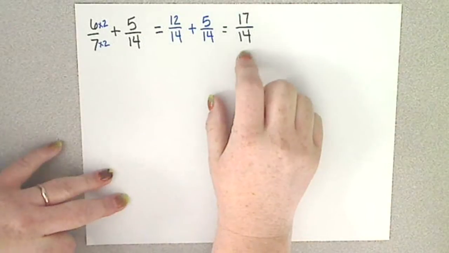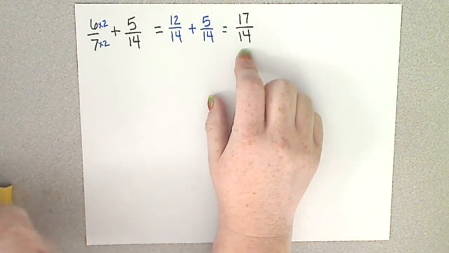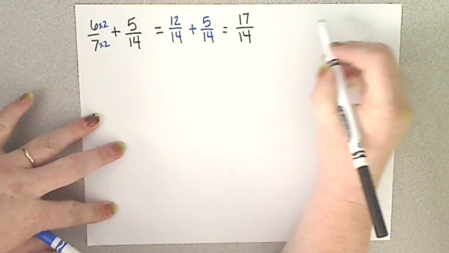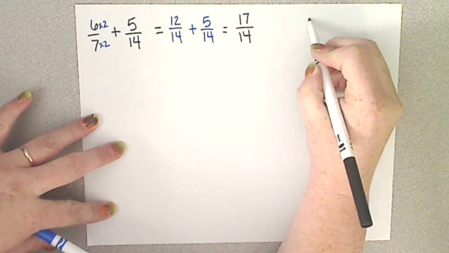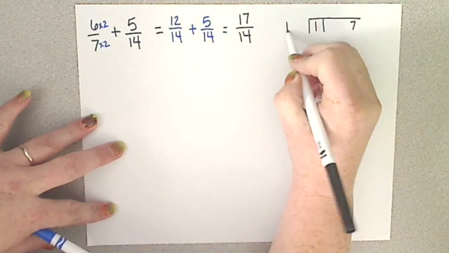Now again, with the basic computation, you can leave this that way, or you can take it a step further. I'm going to go ahead and take it that step further. I'm going to divide 17 divided by 14.